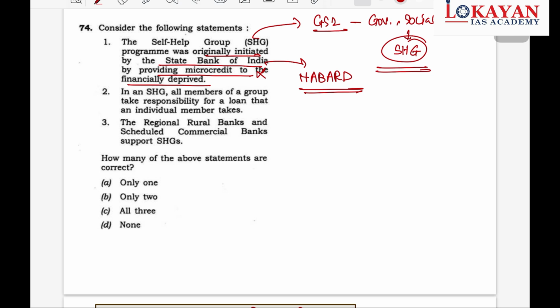In an SHG, all members of the group take responsibility for a loan that an individual member takes. This is correct because this is the principle behind SHG. Regional rural banks and scheduled commercial banks support SHG. This is a generic statement, nothing wrong here, so this is also correct. So only two statements are correct. Let's discuss some prelim pointers regarding SHG.